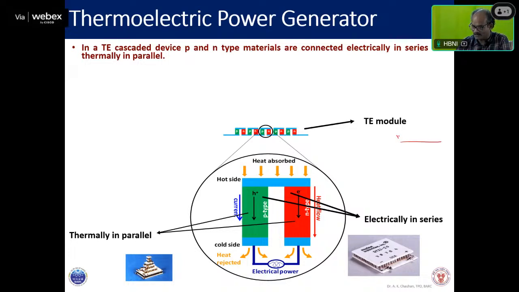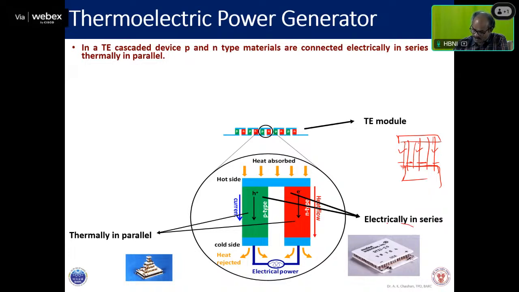So you have a hot end and a cold end, and many devices put like this. However, these have been connected in series. The electrical connection is in series. And you can say these 1, 2, 3 all devices are in parallel.